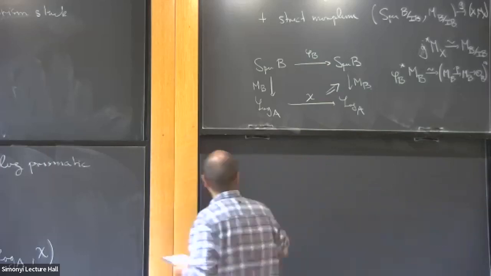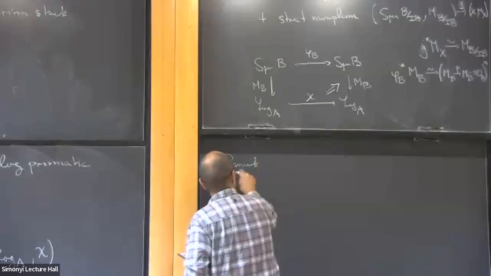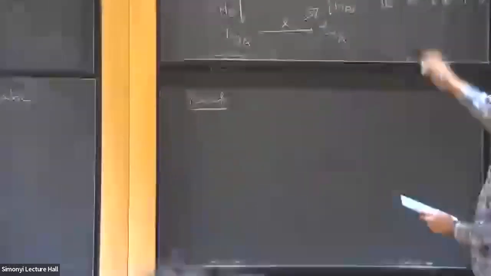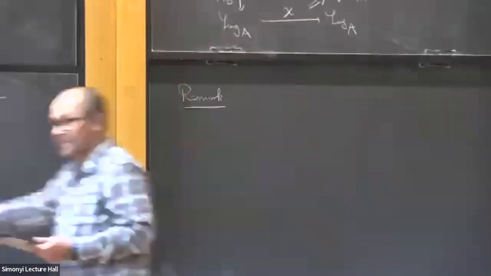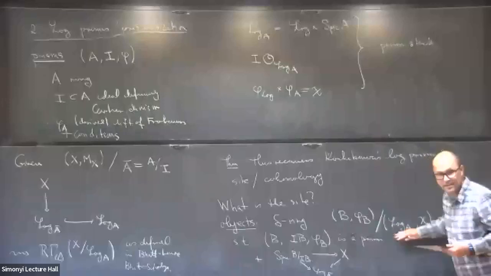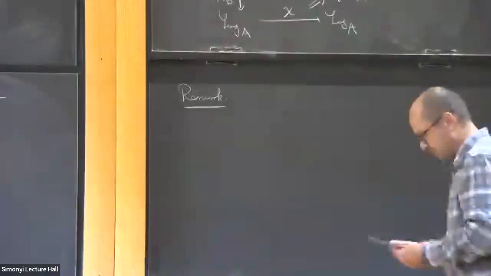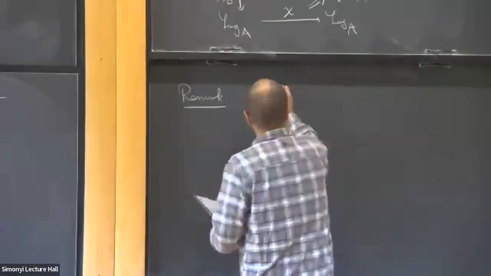Okay, let me make a remark. Once we have this interpretation of the delta log ring, I'd really just think of it as a delta ring over this stack, a lift of Frobenius in that way.